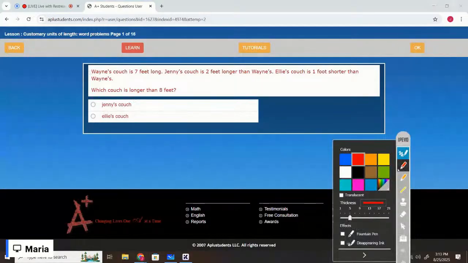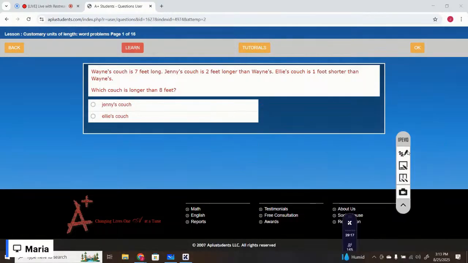So 7 plus 2. Jenny's couch is longer, 9 feet. Option number 1 is the correct option. That is Jenny's couch.